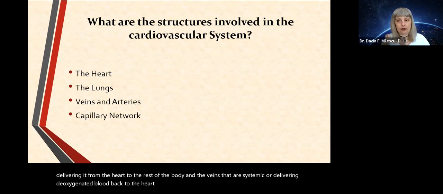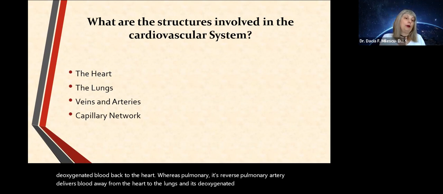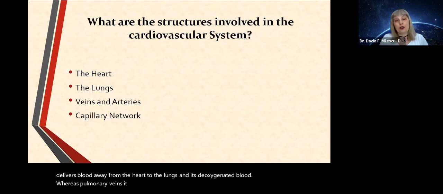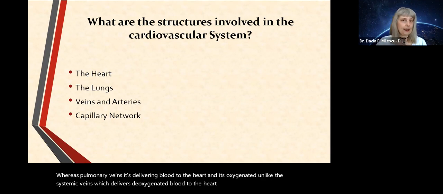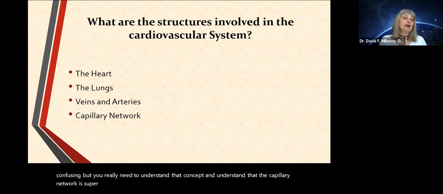Whereas with pulmonary, it's reversed. The pulmonary artery delivers blood away from the heart to the lungs, and it's deoxygenated blood. Whereas pulmonary veins deliver blood to the heart and it's oxygenated, unlike the systemic veins, which deliver deoxygenated blood to the heart. Hopefully that's not too confusing, but you really need to understand that concept. And understand that the capillary network is super important because they are the mediators.